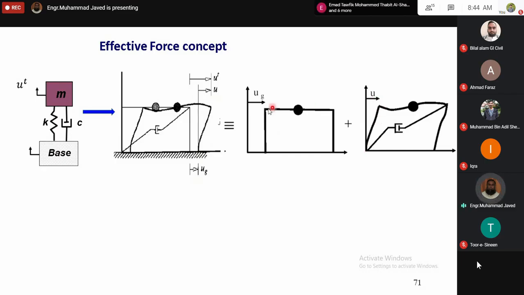You can see that due to UG no deformation in the structure occur. However, due to U the structure deform and consequently elastic restoring force and damping force are developed.